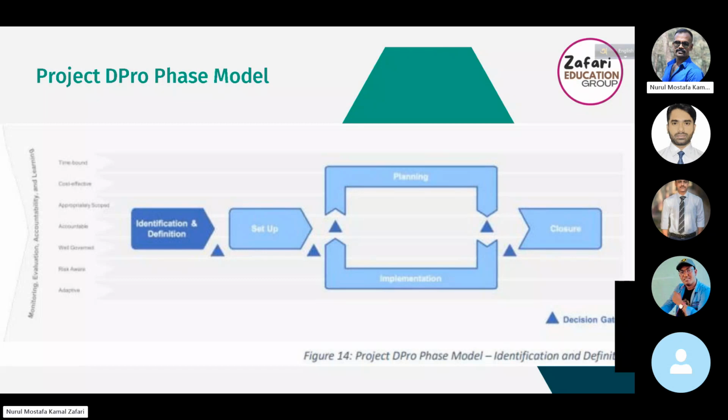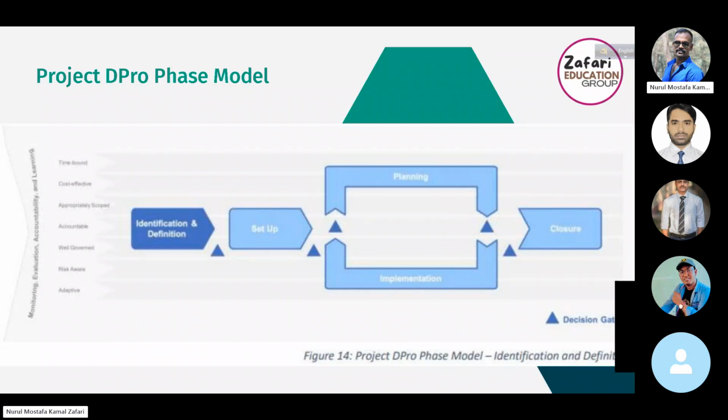That's why we combine the project DPRO model, meaning the DPRO guide, and the PMBOK model, the PMBOK guide. The DPRO guide is the guide developed by PM4NGOs targeting the knowledge, skills, and competencies of project management in the development, humanitarian, and emergency sector.